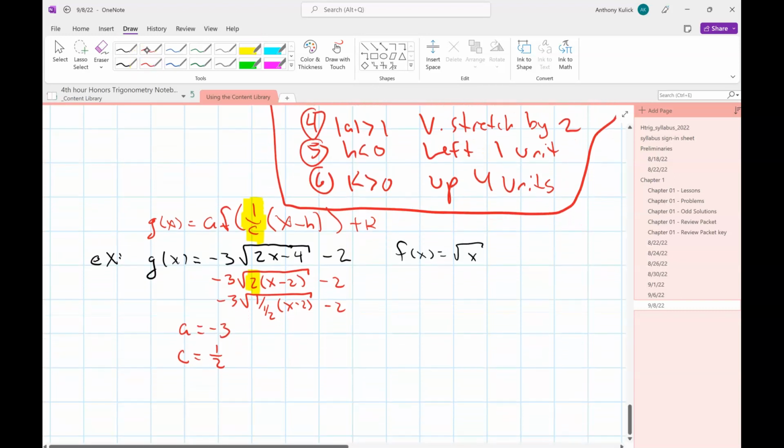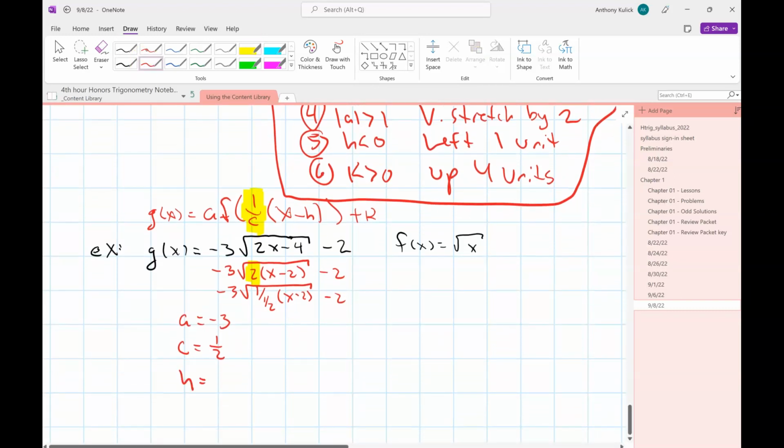I genuinely like that a lot. And then H is 2. We have to look at the factored form. And the K is -2. So you got to be careful on that C and H piece, right? Got to factor stuff. Got to be careful. It's easy to mess that up.